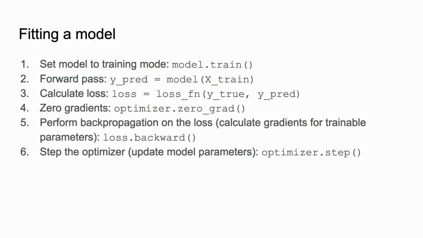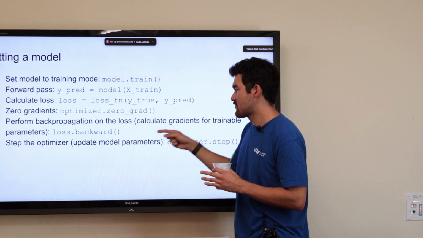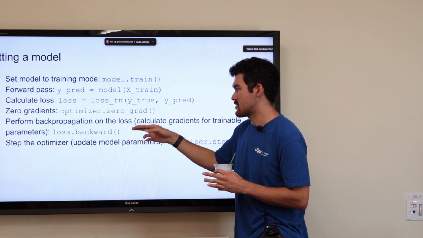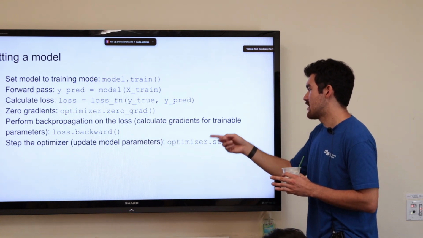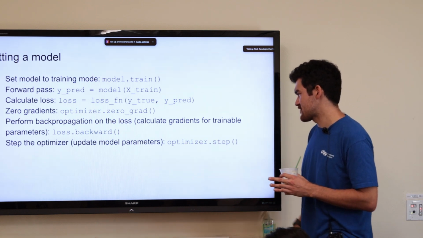Yeah, the optimizer is storing the gradients associated with each trainable parameter, but you want to reset those from whatever the previous update was before you calculate the gradients with respect to this next training step, and then adjust the parameters using the optimizer.